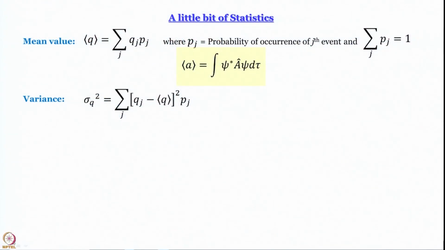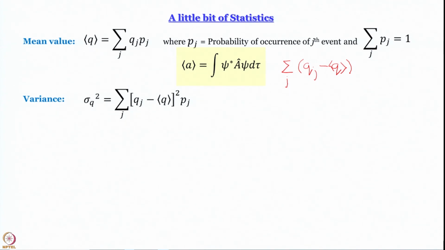Suppose I do a summation of this, Qj minus the mean value of Q. What do I expect to get? Let us say I do something like this: sum over j of Qj minus the average value of Q. Excuse my bad handwriting, especially as I am using a stylus.